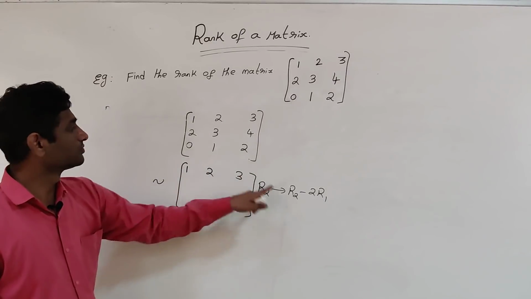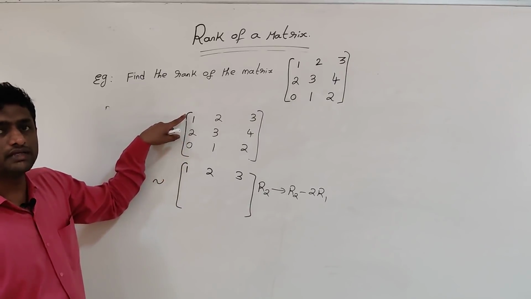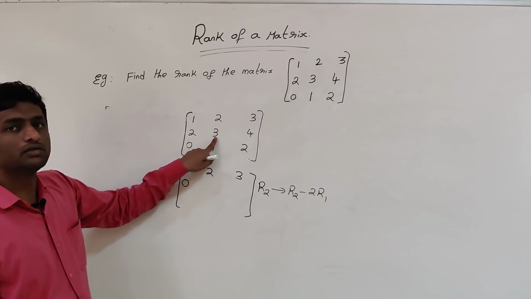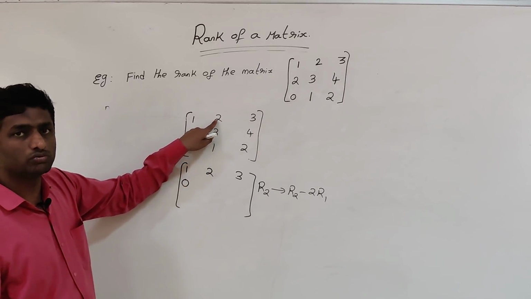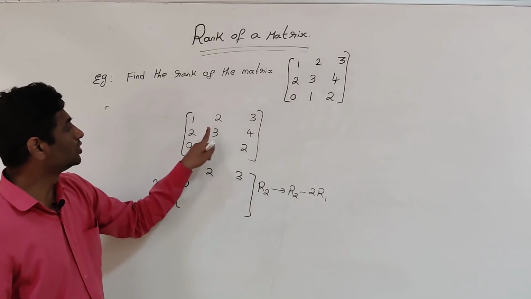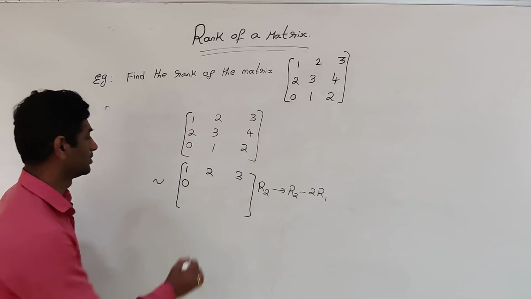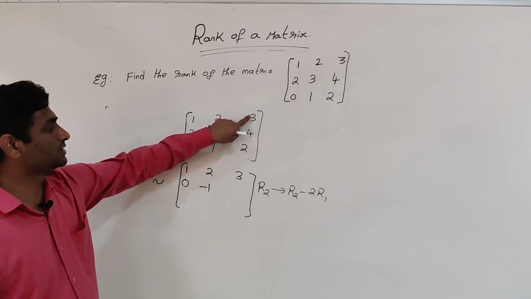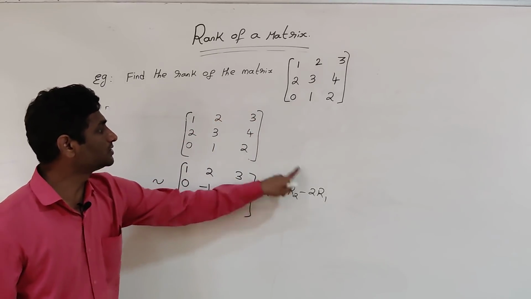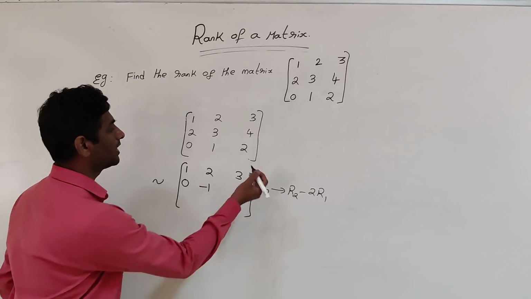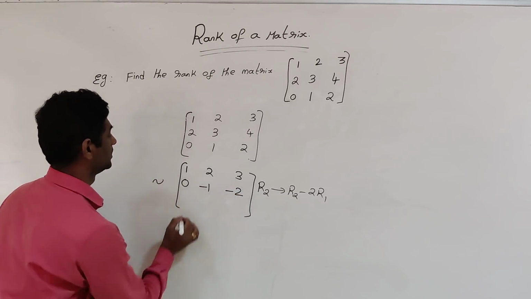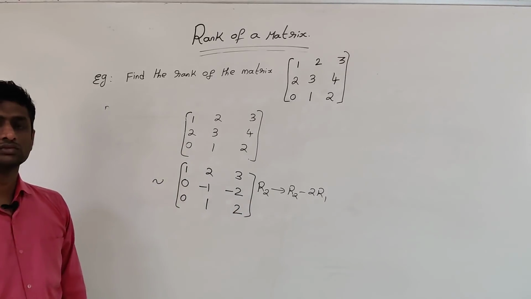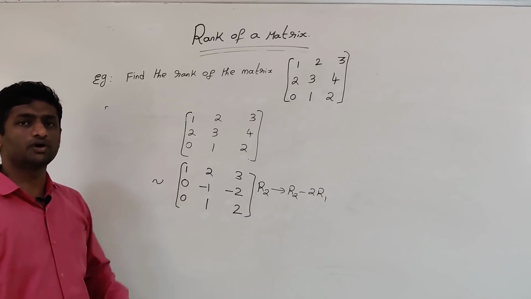R2: 2 minus 2 is 0; 3 minus 2 times 2, 3 minus 4, minus 1; 4 minus 2 times 3, 4 minus 6, minus 2. Next, 0, 1, 2. Now we'll check, is it in echelon form?